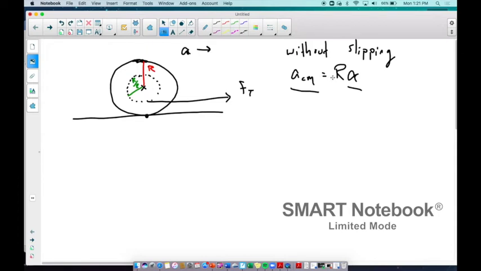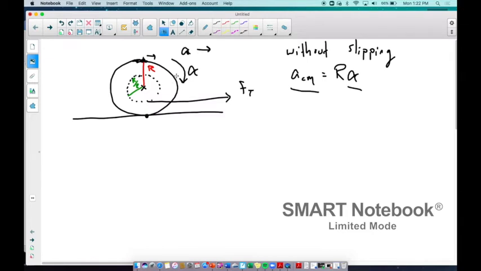They have to be going together. In other words, if the translational acceleration is to the right, then the rotational acceleration has got to be clockwise, just like that. I know that a point right here must have an acceleration that way. And so the rotational acceleration must be clockwise. All right? So that has got to be the case.